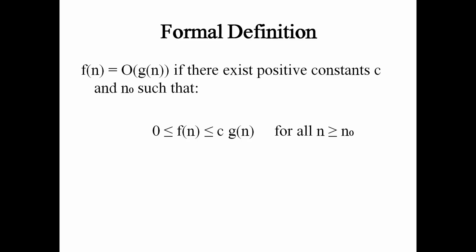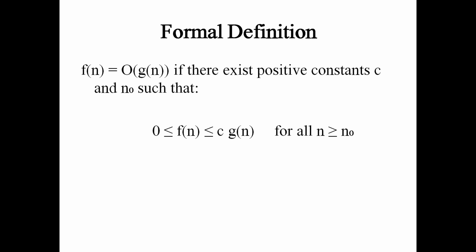That means f of n is always less than or equal to c into g of n for all the values of n where n is greater than or equal to n naught. Here c is a positive constant value. n naught is the starting value from where this condition is true.